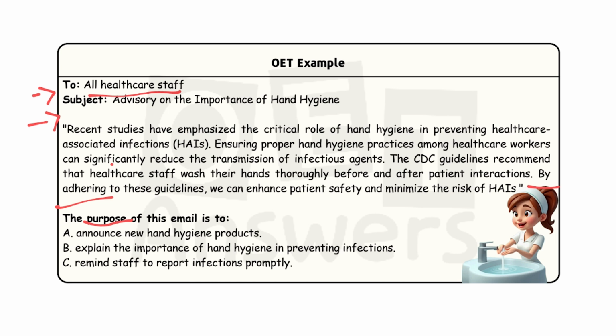Another person is watching people walking on the slippery floor in the rain, and immediately tells them, be careful when you are walking on the slippery floor. This is general information, and this is my own example for the purpose-based question.